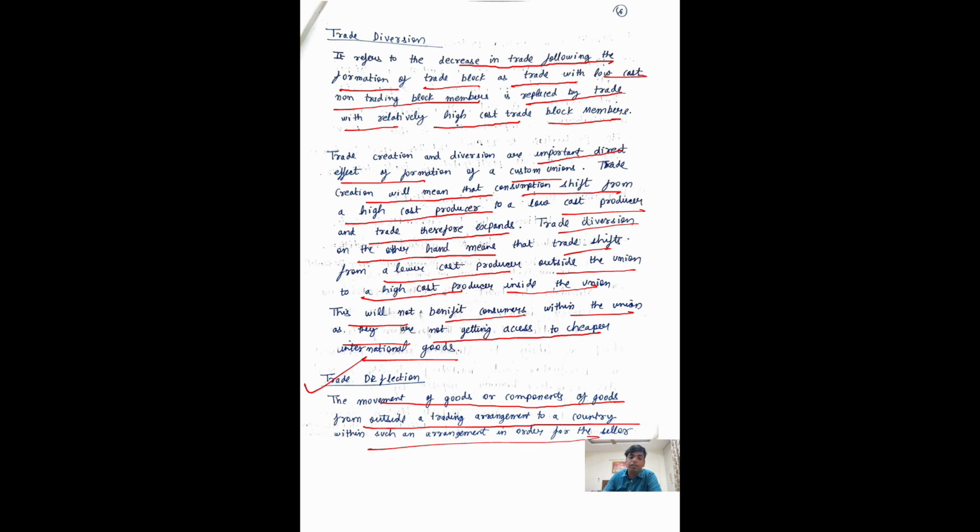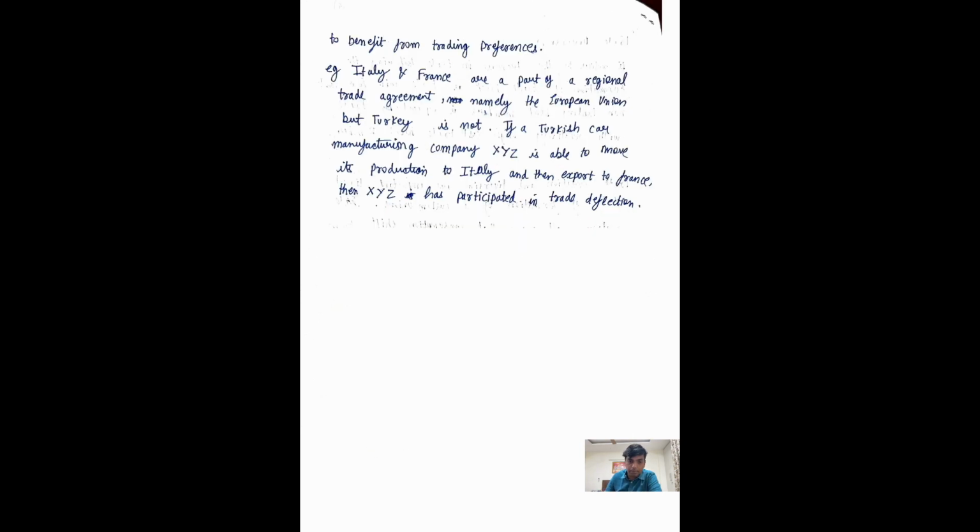Okay, so basically what is happening over here, let's look at with the help of an example. There are two countries, Italy and France, that are part of a regional trading agreement, namely the European Union, but Turkey is not. So basically Turkey wants to import their cars to, let's suppose, Italy or France. So what they will be doing is setting up a manufacturing unit in either Italy or France to get an advantage of the regional trading agreement, so as to get the benefit of the free trade area.